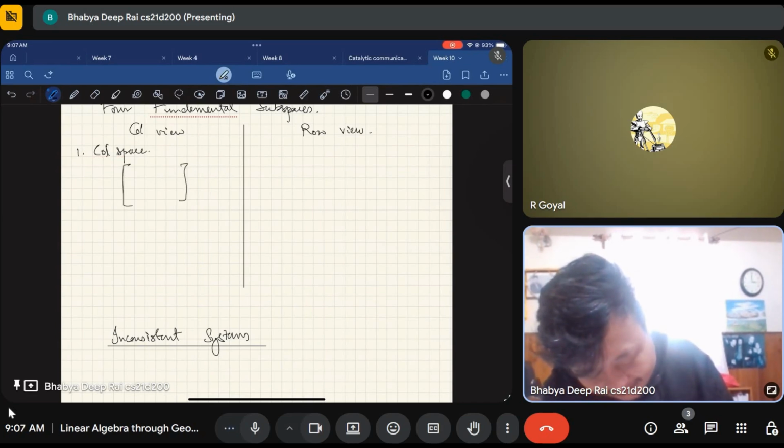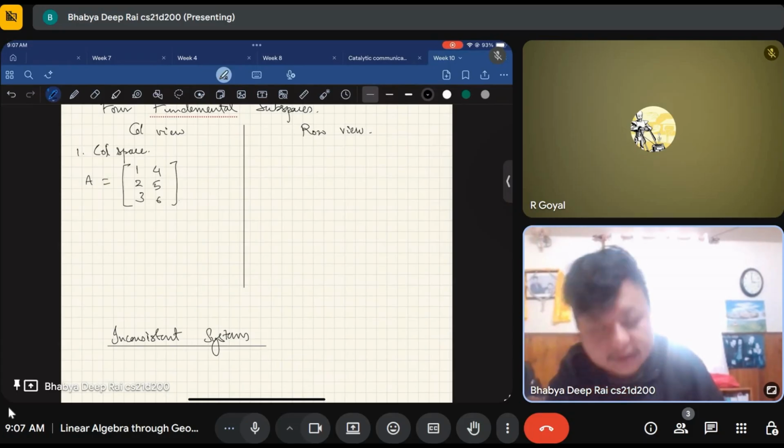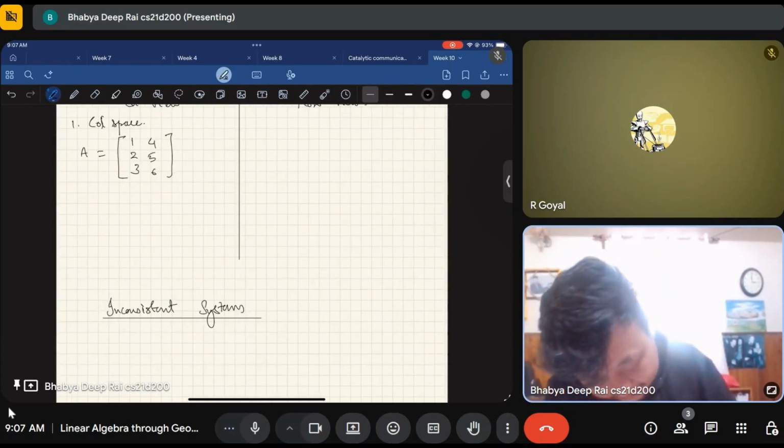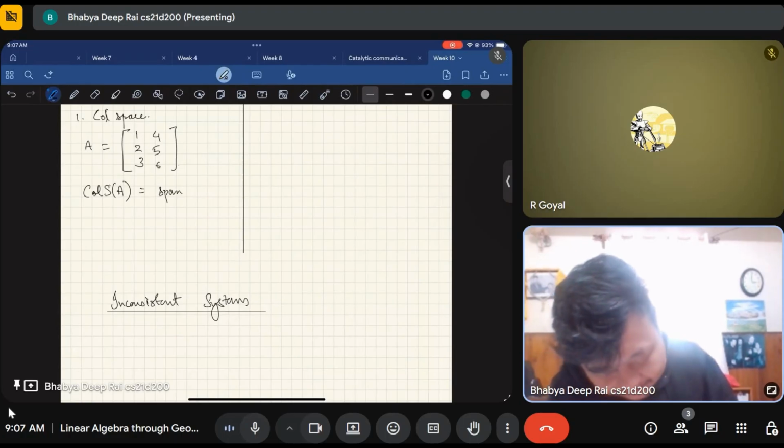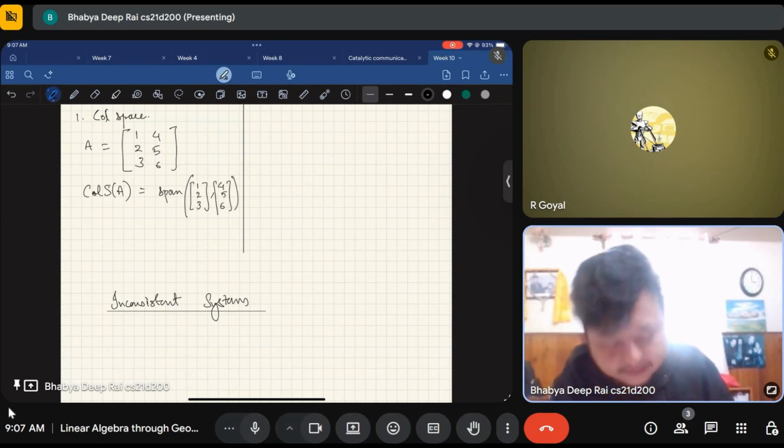So if I have, let's say, A with columns 1 2 3 and 4 5 6, then the column space of A is the space spanned by the vectors 1 2 3 and 4 5 6, okay.